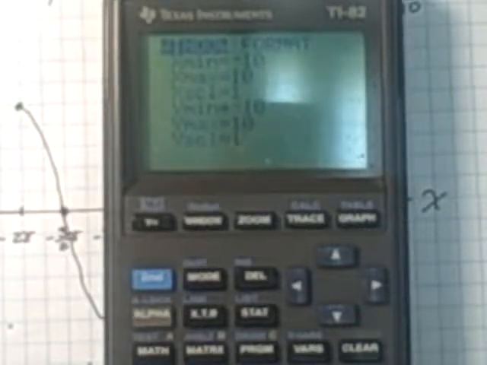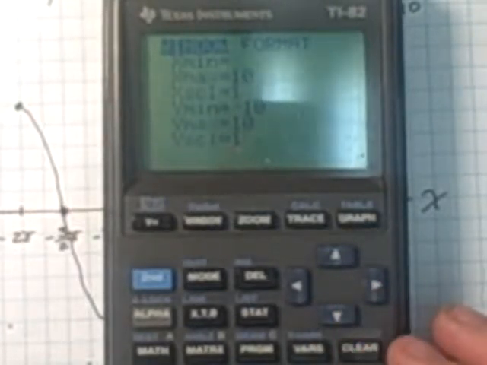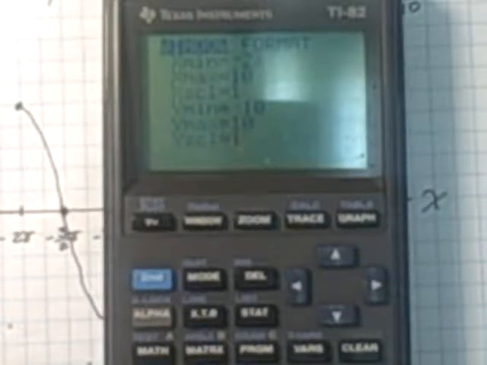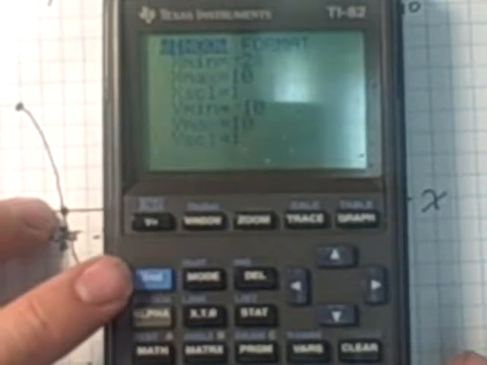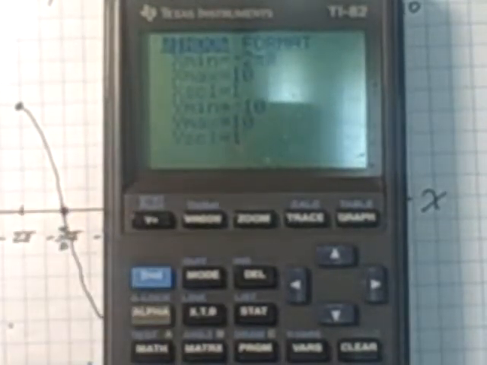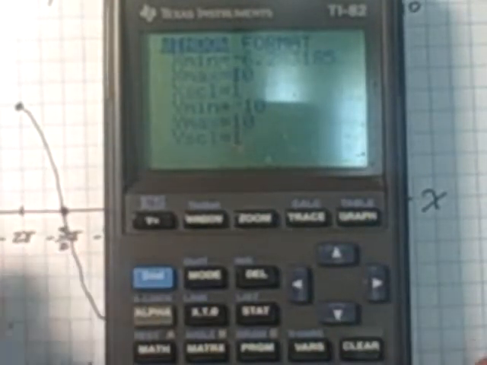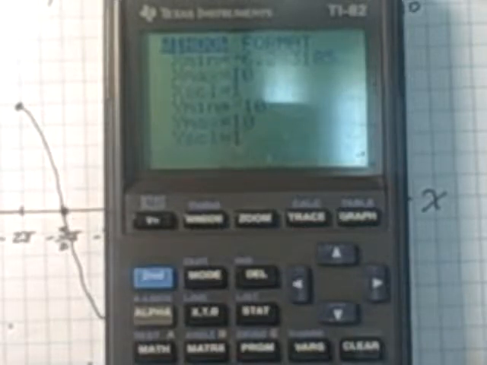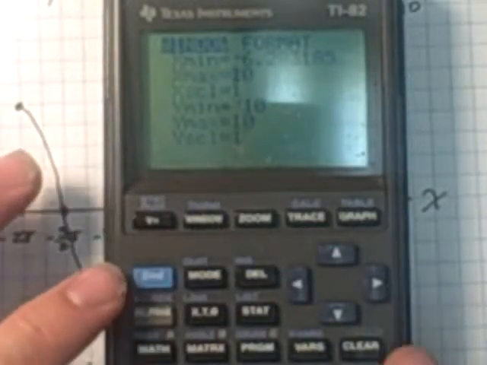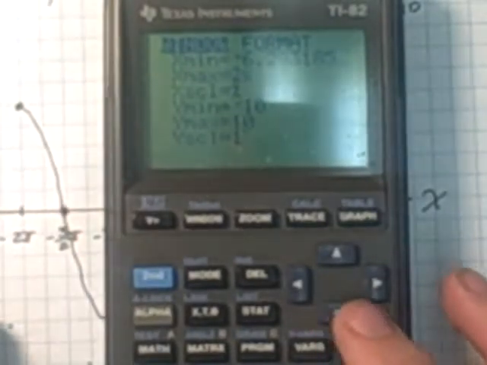So I've got to go down to that and clear this, and then just go negative 2, and then you have to find the pi button on your calculator, which is this one here. So I'm just going to put the pi there. And the maximum is going to be 2 pi, so you just clear this, and go 2, put the pi button in there. And there we are.